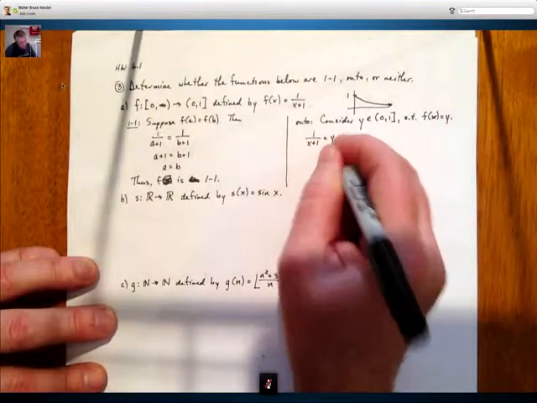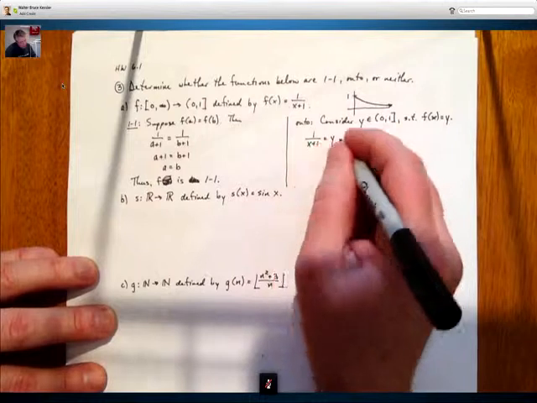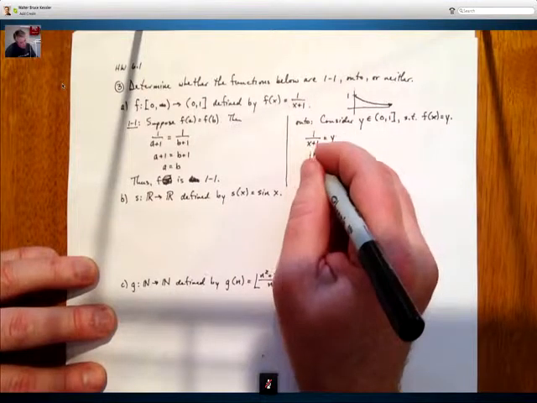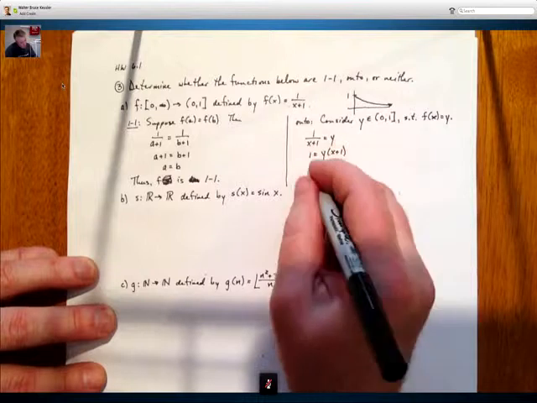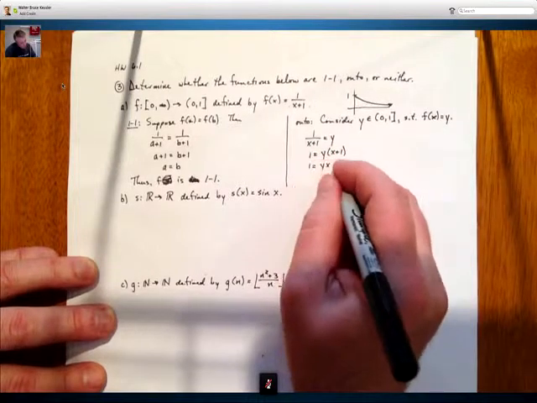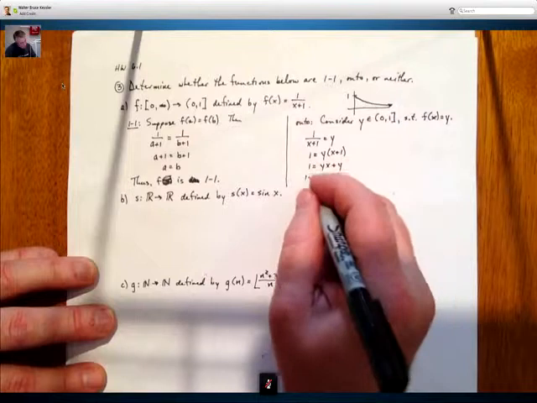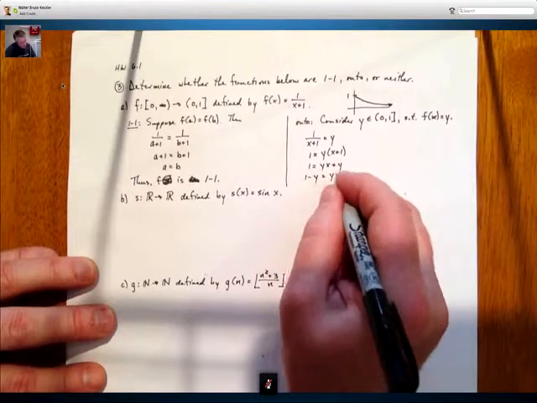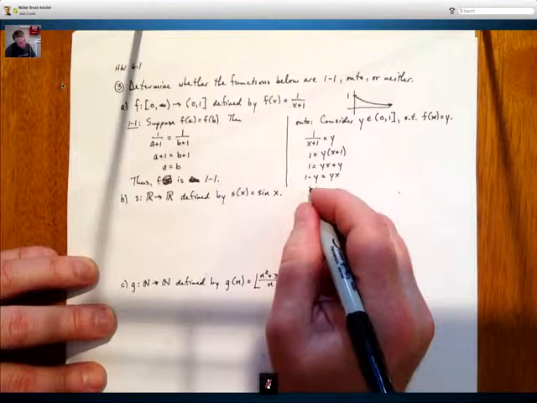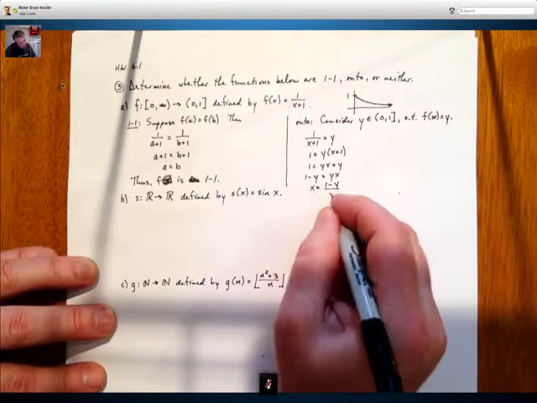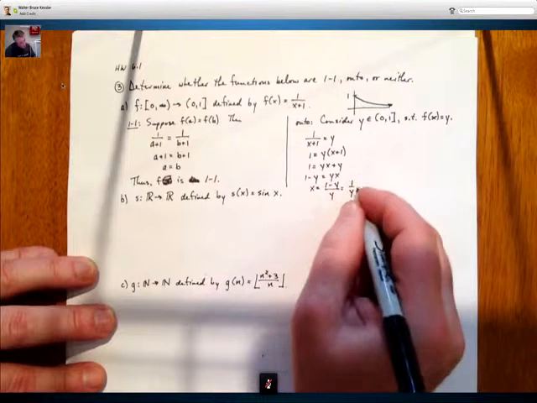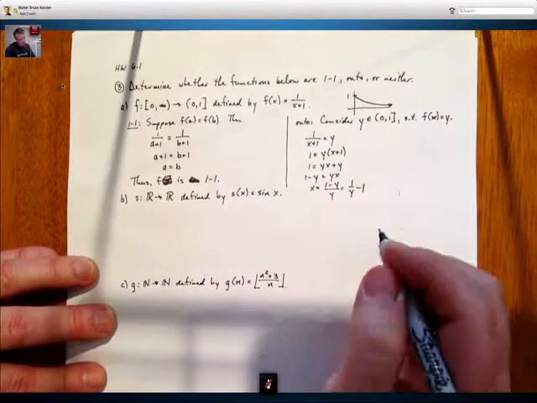Then 1 over the quantity x plus 1 equals y means that 1 would be y times x plus 1, yx plus y. 1 minus y equals yx, and then finally x equals 1 minus y over y, or just 1 over y minus 1.